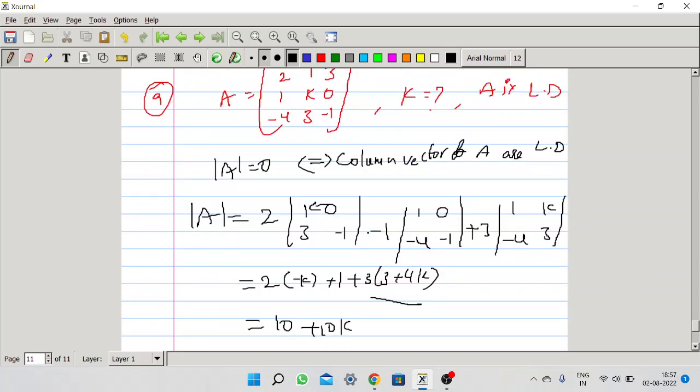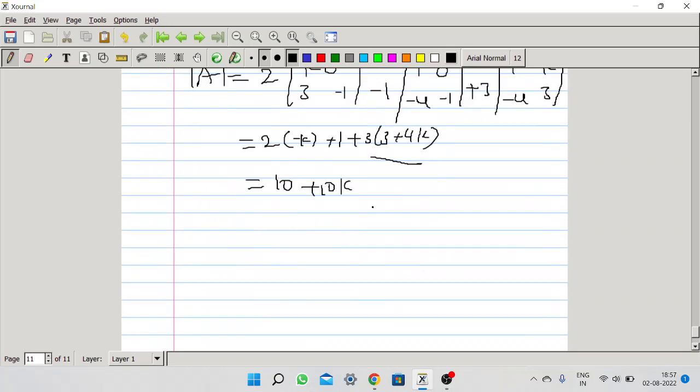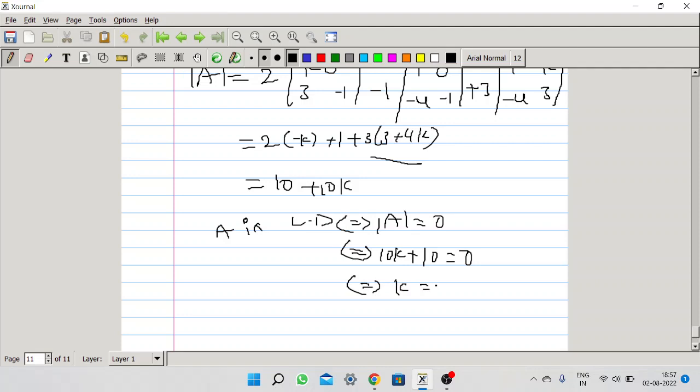And it is asked the value of K whenever A is linearly dependent. A is linearly dependent implies determinant of A equal to 0 if and only if 10K plus 10 equal to 0. From this we can get K equal to minus 1. So option B is correct.